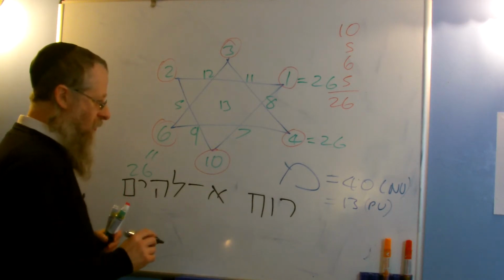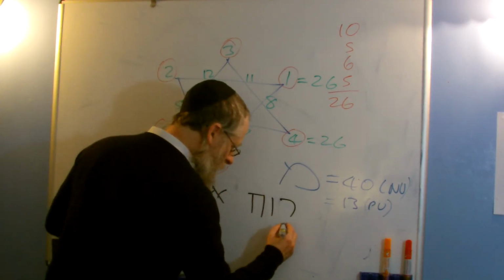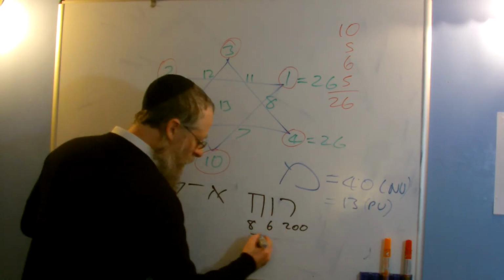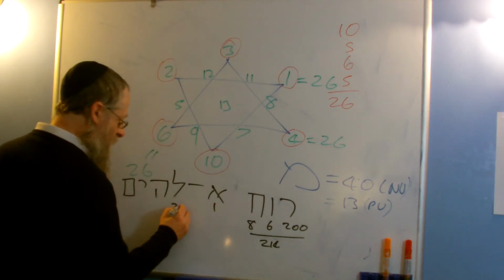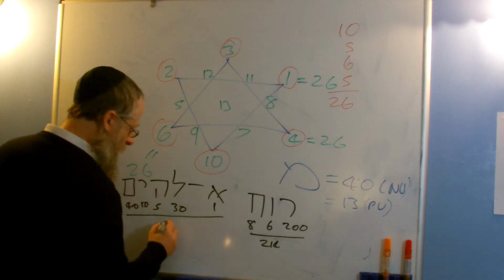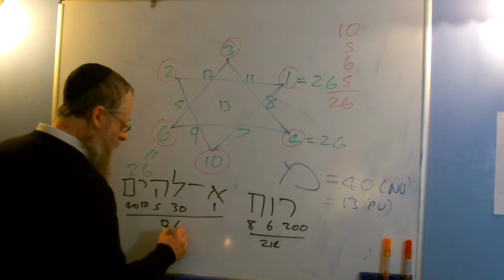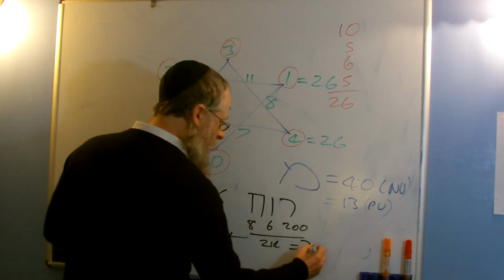So if I write that word, Ruach Elokim, this is 200, these are the normal values, 214, and Elokim is 1, 30, 5, 10 and 40, and that is 86. And if I add those two together, I get 300.